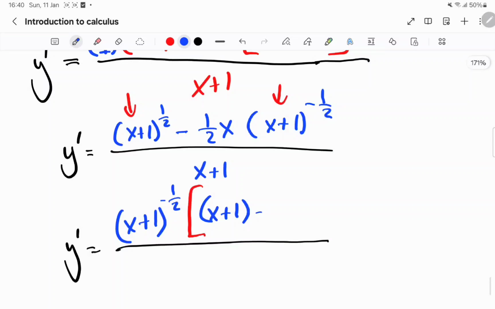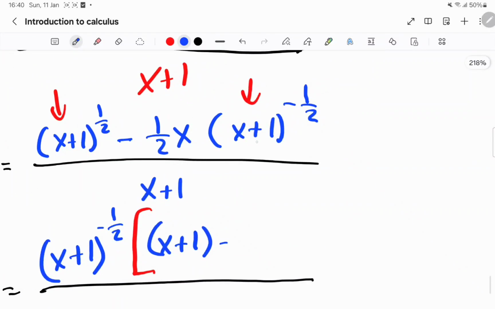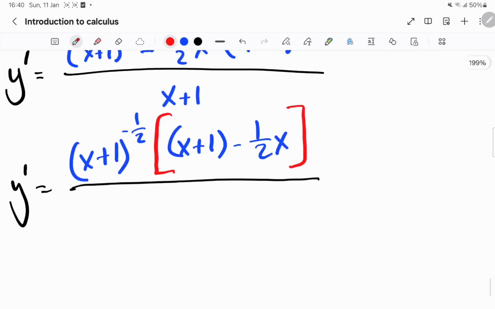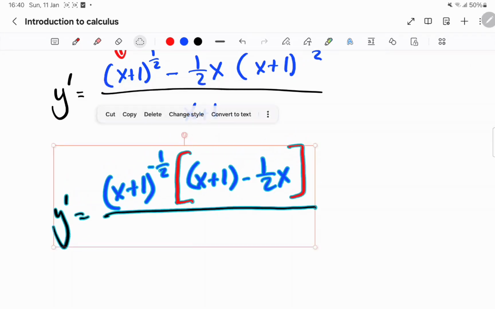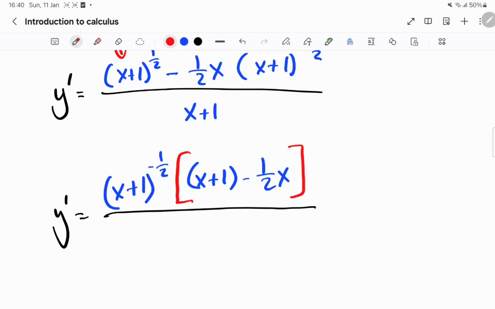And as you guys remember, we took out x plus 1 to the negative half, so all we have left is a half x. There we go. Wait, let me space these out. It's better I do it that way. Okay. Over x plus 1.